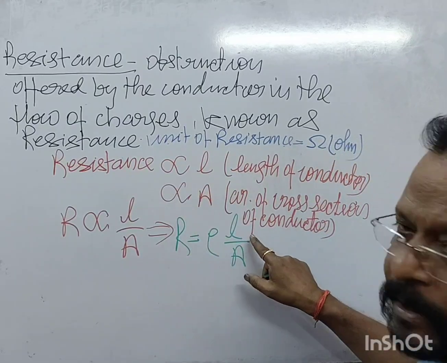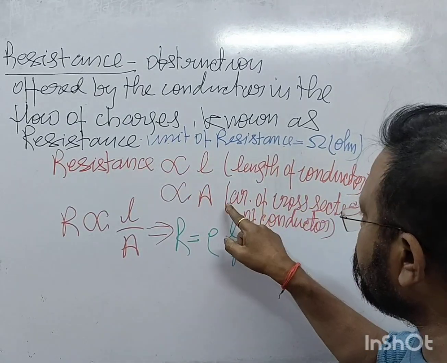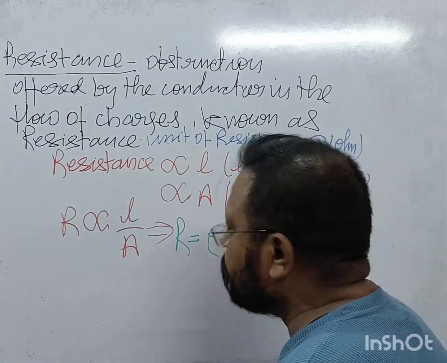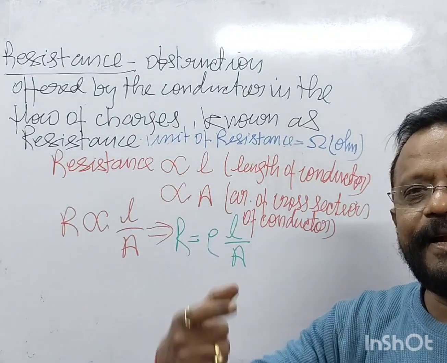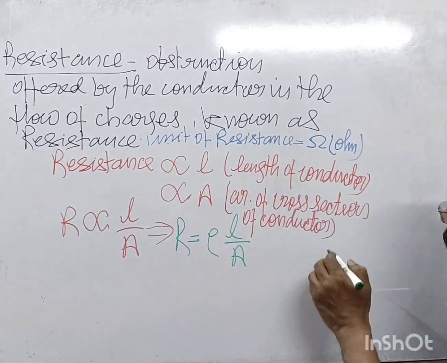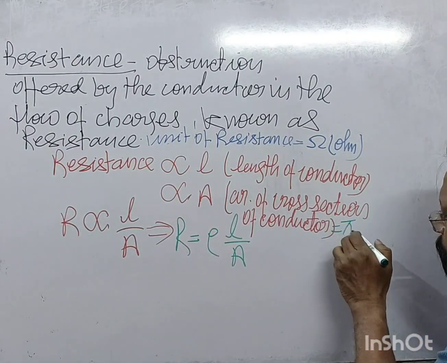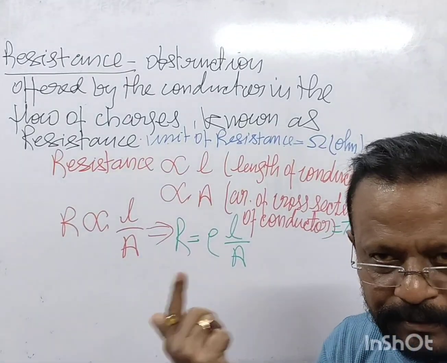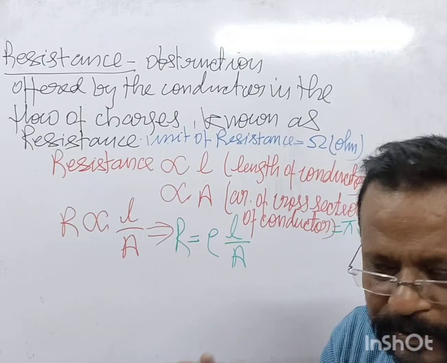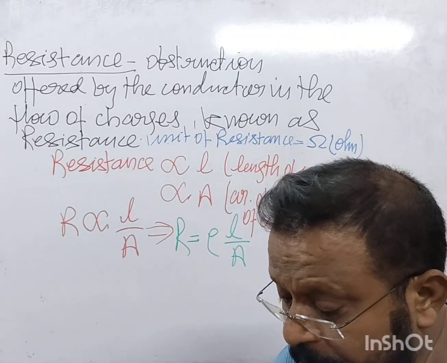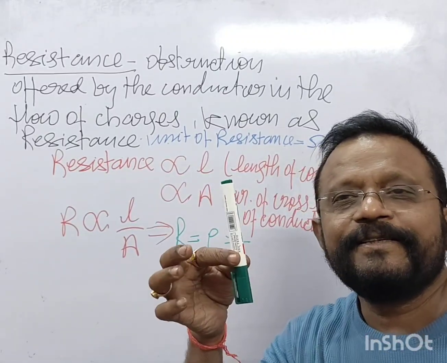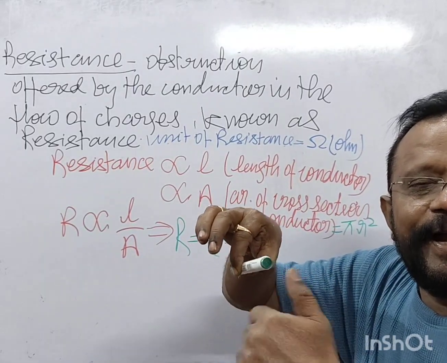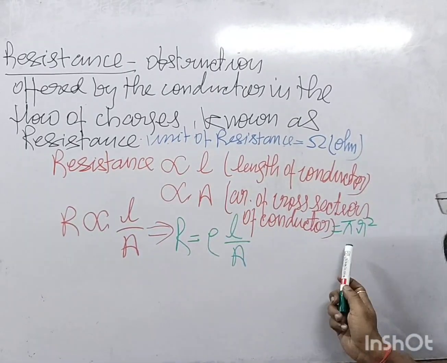You know what is L? Length of the conductor. A is the cross section area of the conductor. Conductor is generally cylindrical, so its area is generally pi r square. Like this pen, it is cylindrical in shape, so this face is circular, and the area of a circle is pi r square.